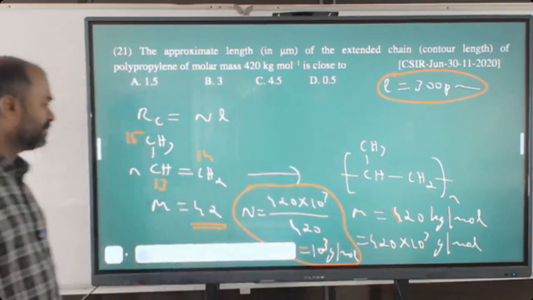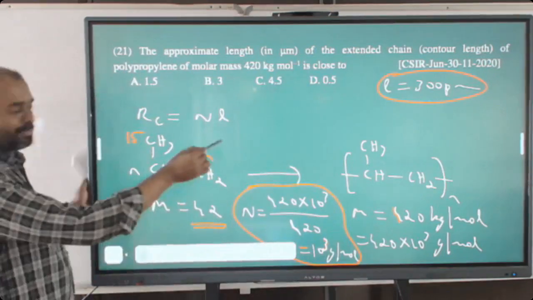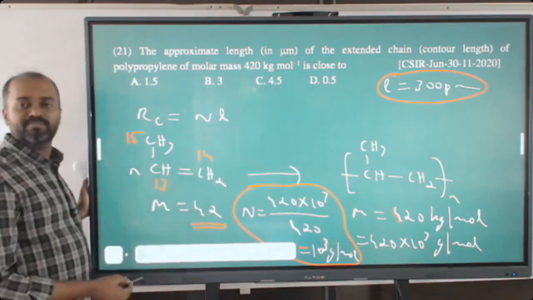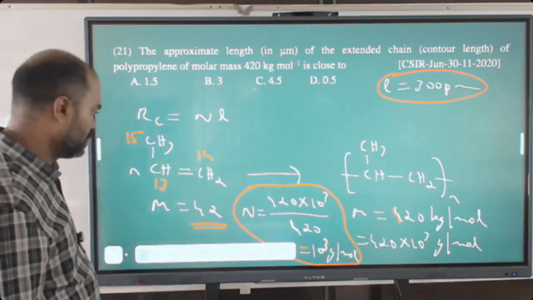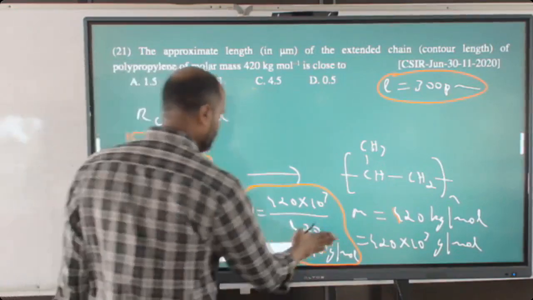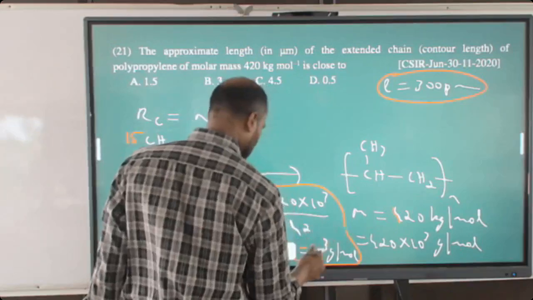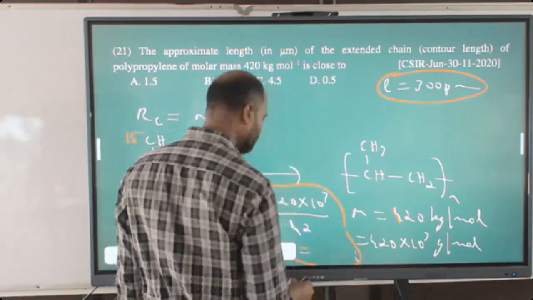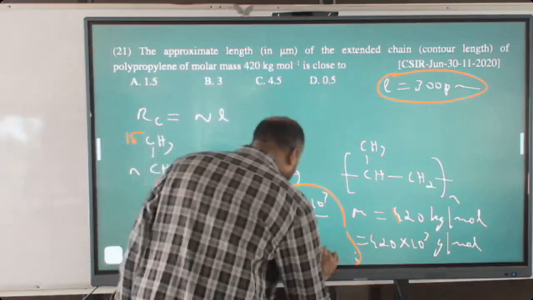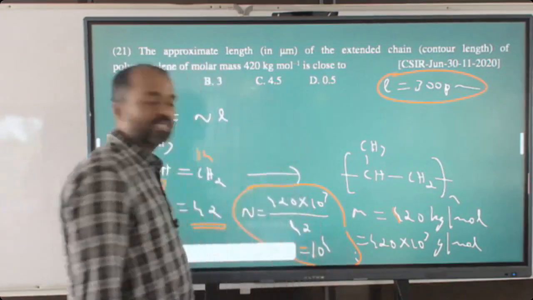The number of monomers is the molar mass of the polymer divided by the molar mass of the monomer. That is 10 to the power of 4.